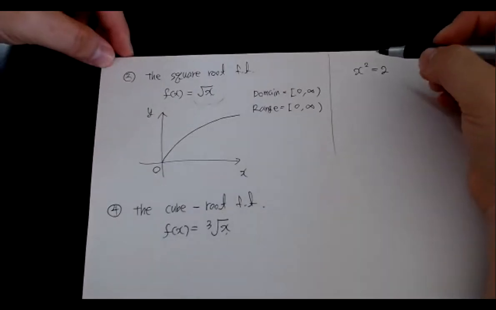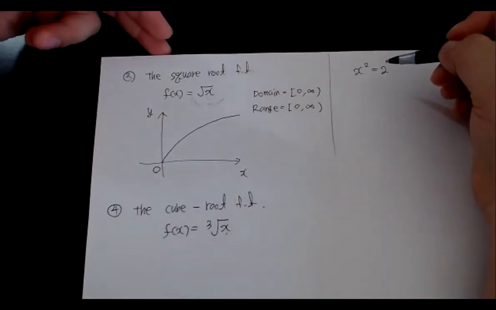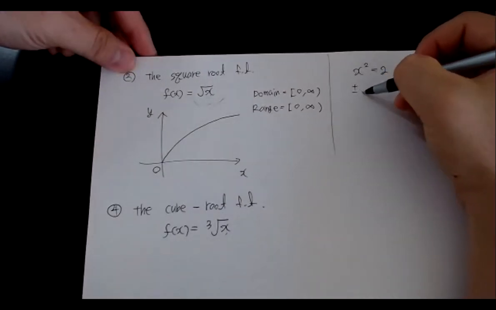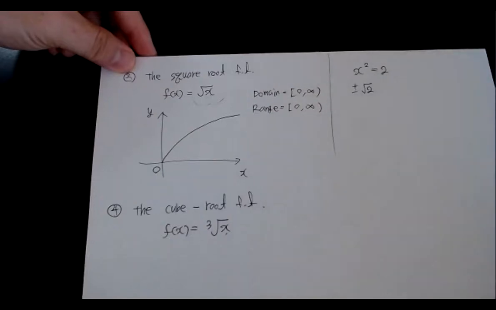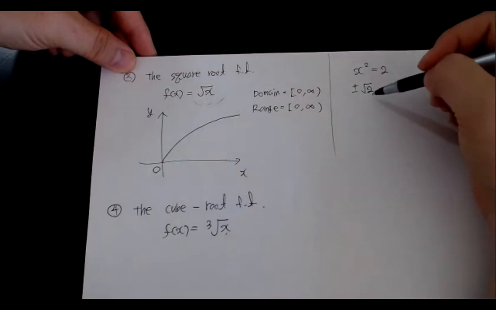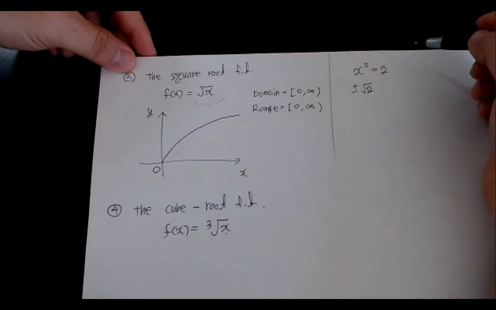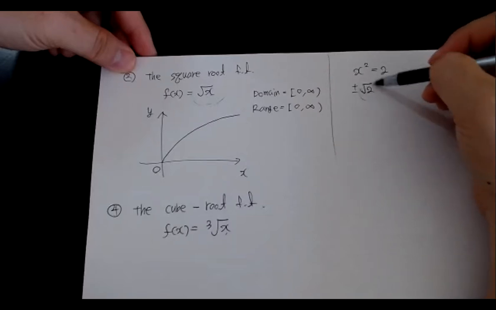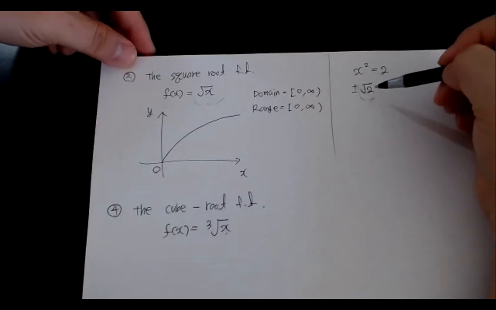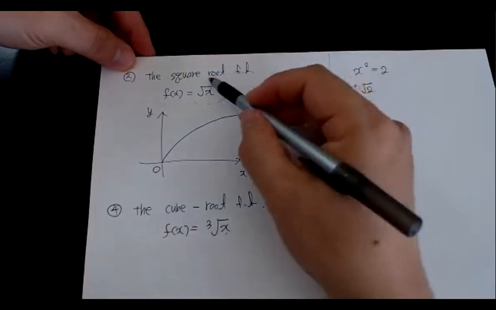So x squared is equal to 2, then the solution of this equation is what? Actually plus or minus square root of 2, right? Here, root means solution.